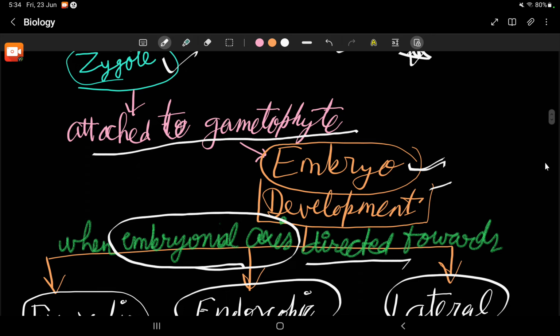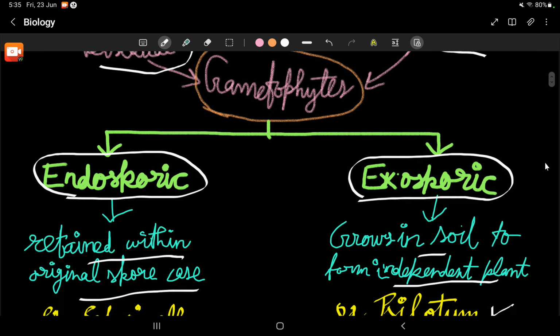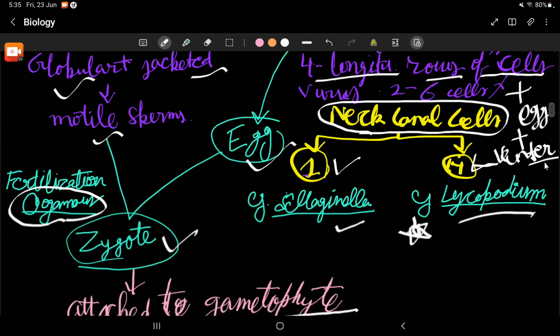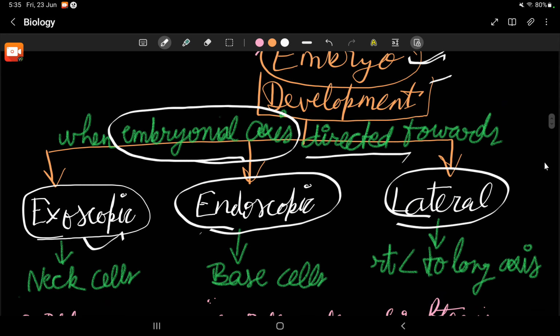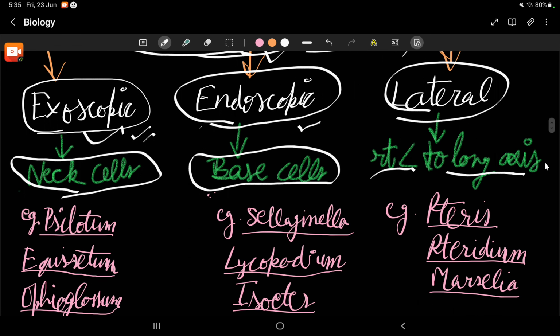Above we discussed endosporic, which is about the gametophyte, while embryo development is scopic. If the embryonal axis is directed toward the neck cells, it is exoscopic. If directed toward the base cells, it is endoscopic, and if it is at right angle to the long axis, it is lateral.